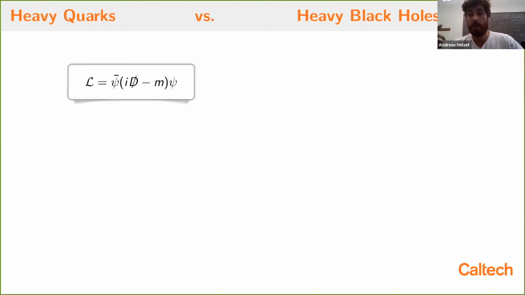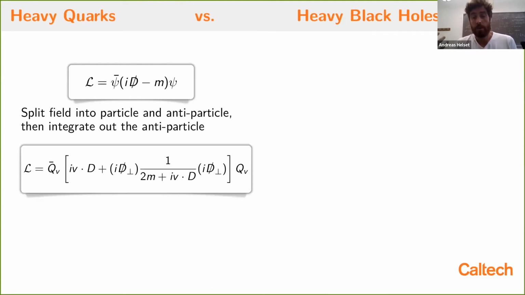Now we can repeat the derivation of heavy quarks, but not couple the quarks to gluons, but couple them to gravitons. Just to refresh, in the heavy quark case we start with the QCD Lagrangian, integrate out the antiparticles, and end up with the heavy quark effective theory.